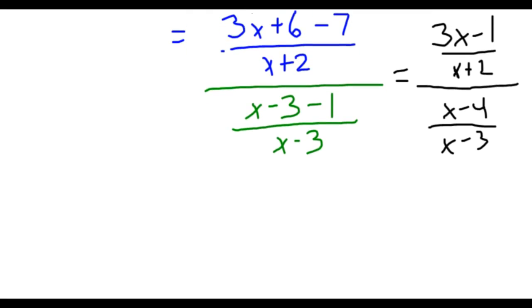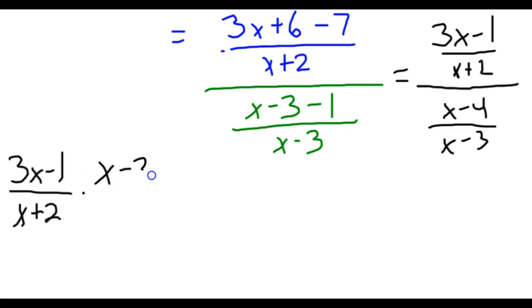I'm going to move my work a little bit to the left over here. We have 3x minus 1 over x plus 2, and now I'm going to multiply by the reciprocal, so that becomes x minus 3 over x minus 4.